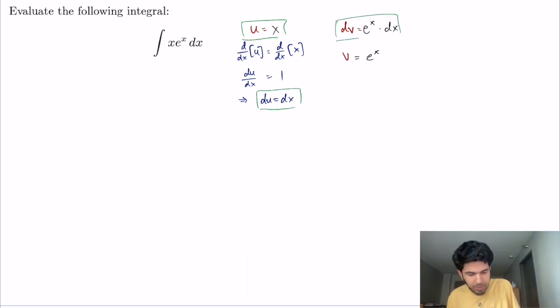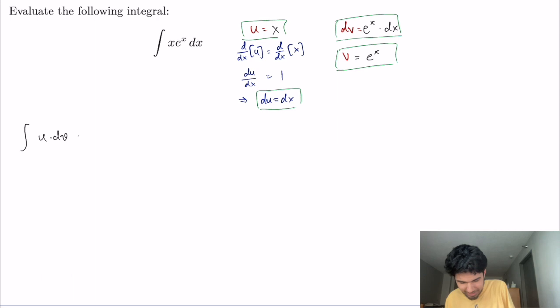Great. So now let's return to our formula, which I wish I didn't erase, but I'll just rewrite it. And now let's substitute back in. So u is equal to x, v is equal to e to the x.